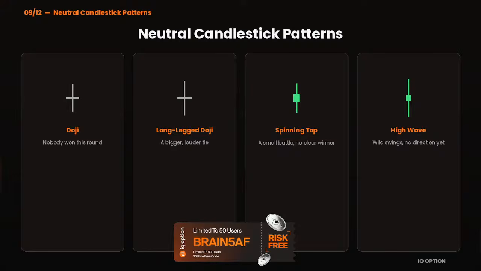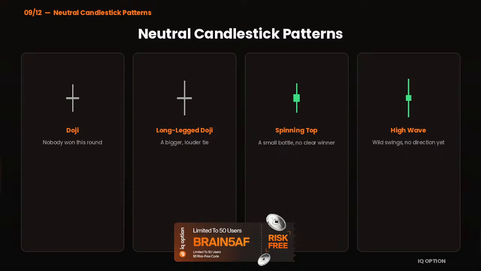And so then the next candle is the long-legged doji. It is the same idea as the doji, but with much longer wicks on both sides. And what that means is that price has swung hard in both directions during the candle before ending up back near where it started. So it is the same idea and the same story. It is an even louder version of indecision, and it often shows up right before a big move in either direction.